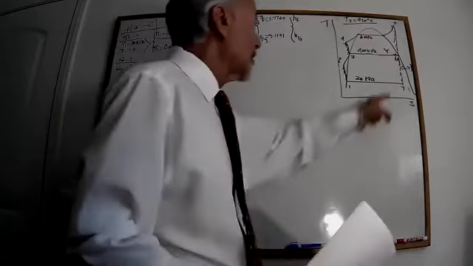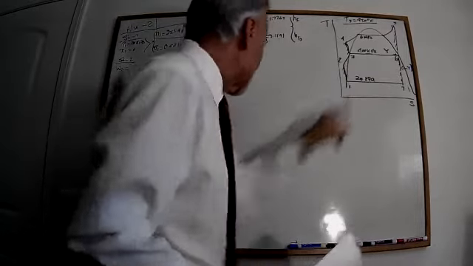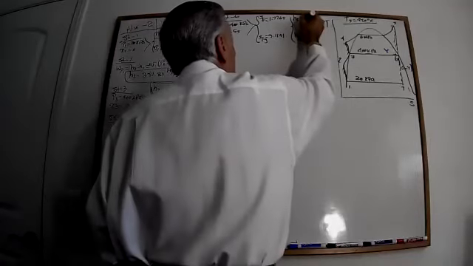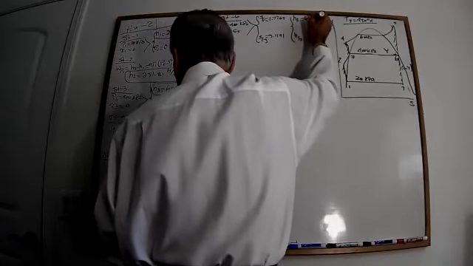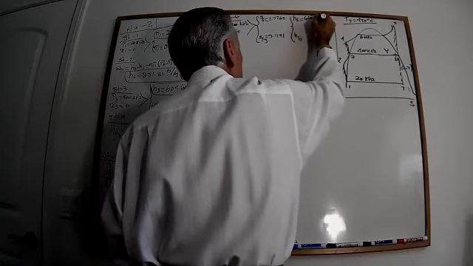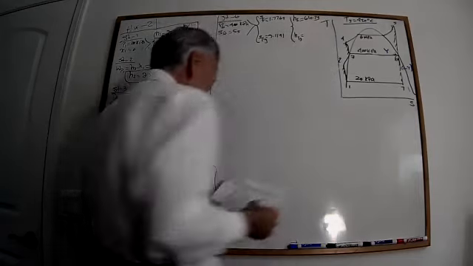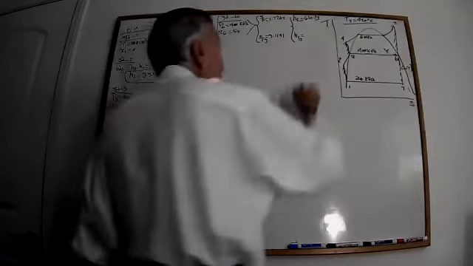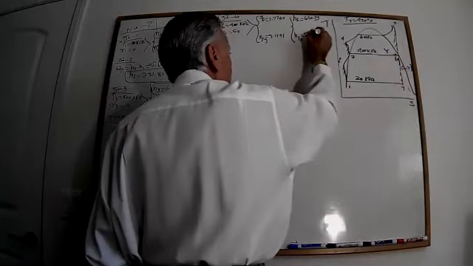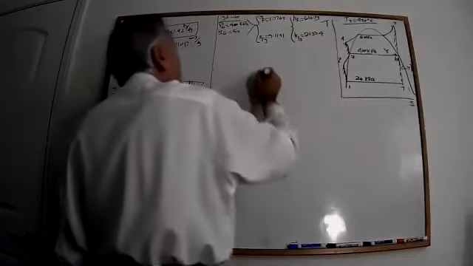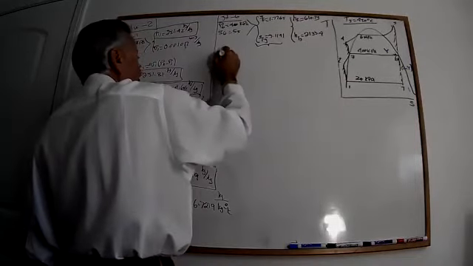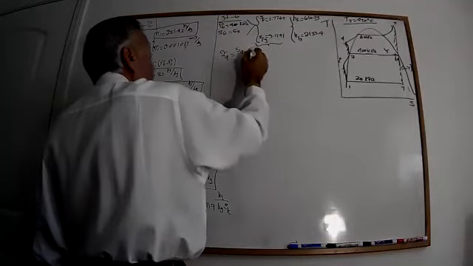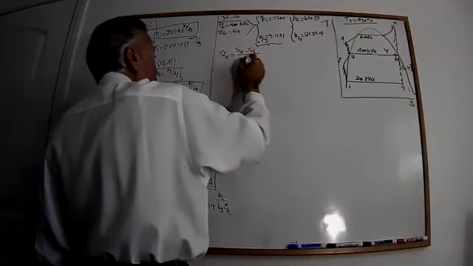H of F at point 6 would be the same as H3. H3 is 610.73. And H of FG would be 2133.4.